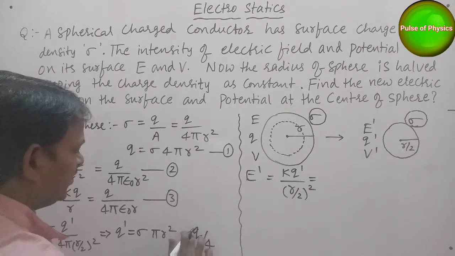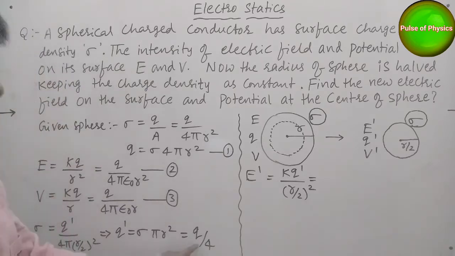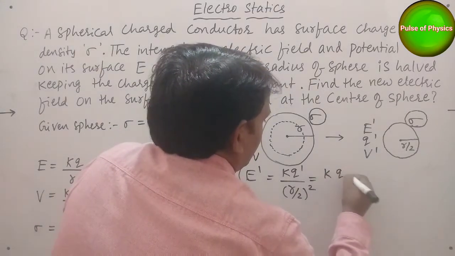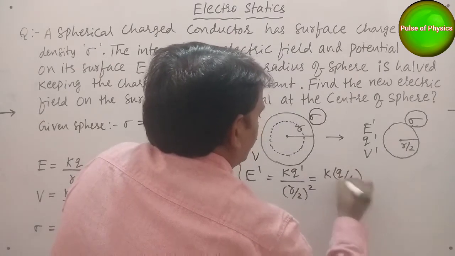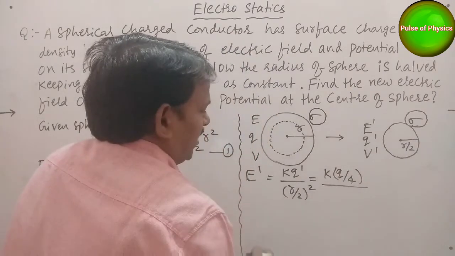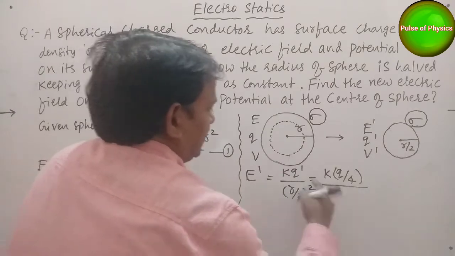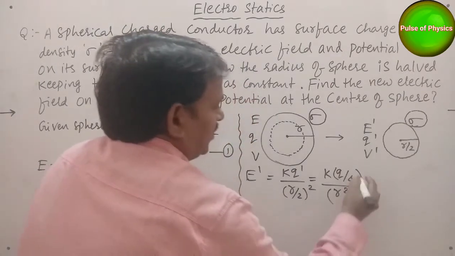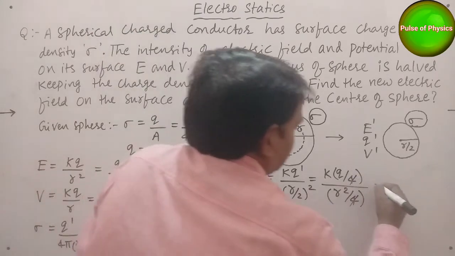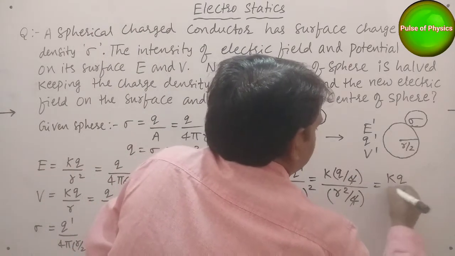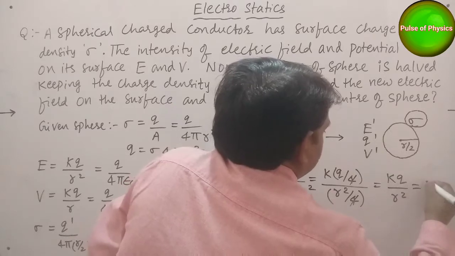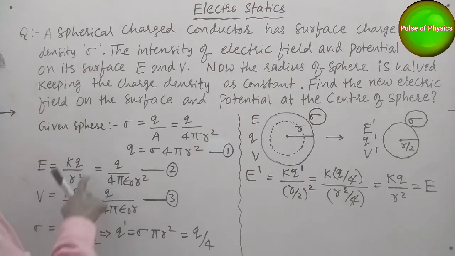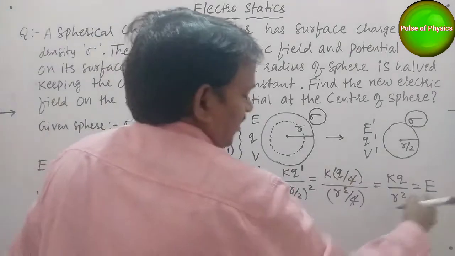On the smaller sphere, q by 4 charge is present. Then I'll put here k into q by 4 by r by 2 whole square, that is r square by 4. Then the 4 gets cancelled, giving kq by r square. This is from equation 2, kq by r square, E only.